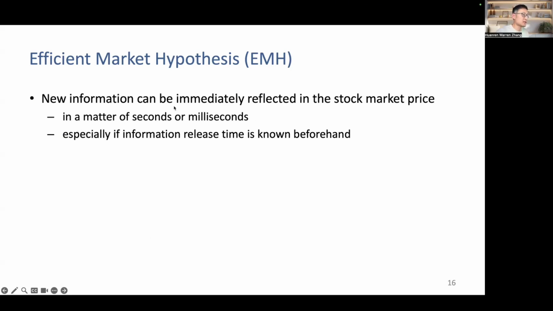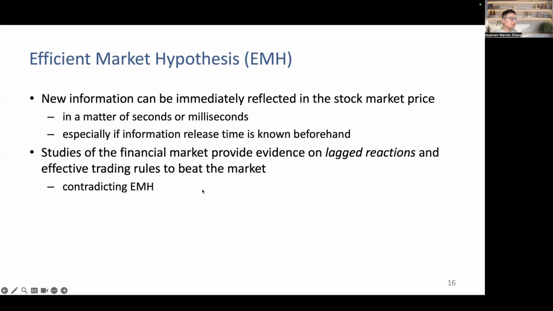It could be in a matter of seconds or milliseconds, especially if the information release time is known beforehand, like the release of the information from the Fed, whether there will be an increase or decrease in the interest rate, right? So we know at what exact time the corresponding information is released. A lot of people will be waiting for that information. So in that situation, in milliseconds, the market can respond to that piece of information.